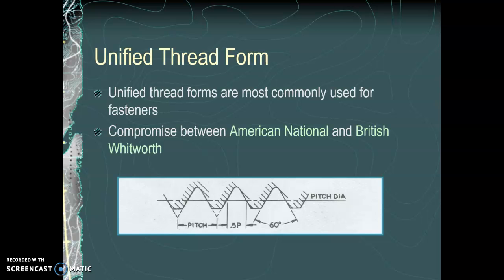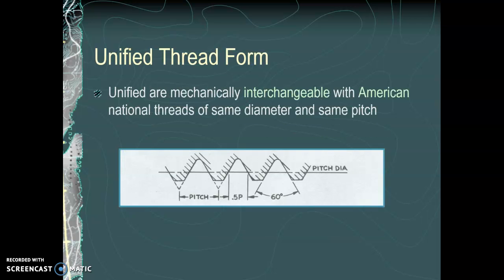Because as manufacturing becomes more and more international, I think we are seeing more and more metric fasteners in a lot of the products we use. And according to our textbook, the unified thread series is interchangeable with American national threads that are same diameter and pitch.